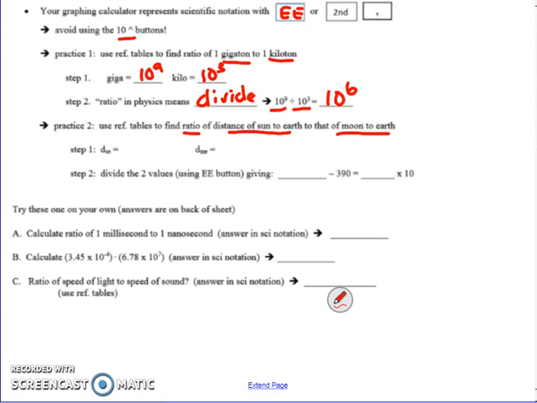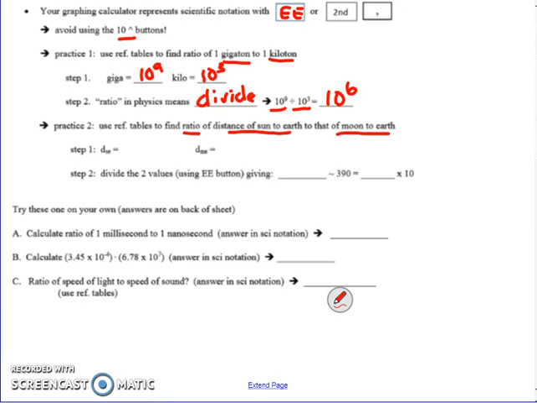Well, you're not expecting to know that off the top of your head. If you go to the front page of reference tables, you see the first table has a bunch of important numbers, and we'll see about a third of the way down, we'll see mean distance of the Earth to the moon, and mean distance of the Earth to the sun. So I'm just going to write the power of 10 here, because I'm looking for an approximation right now. Okay, so I'm going to use the symbol D for distance, and I'm looking for sun to the earth.